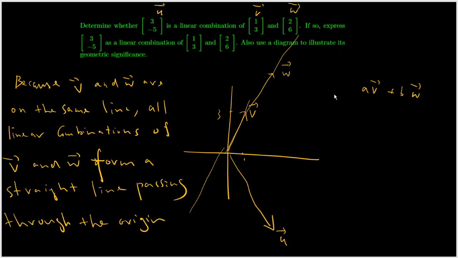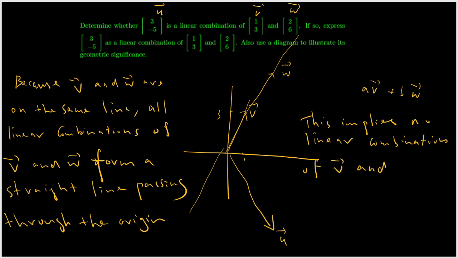This implies no linear combination of v and w can possibly be u. So clear enough, I hope.